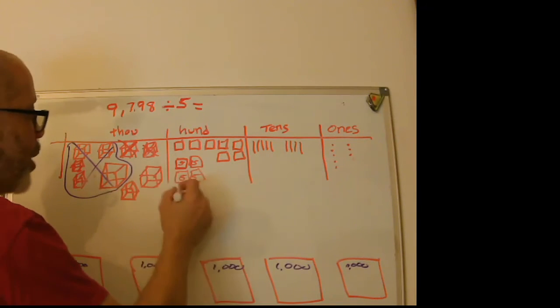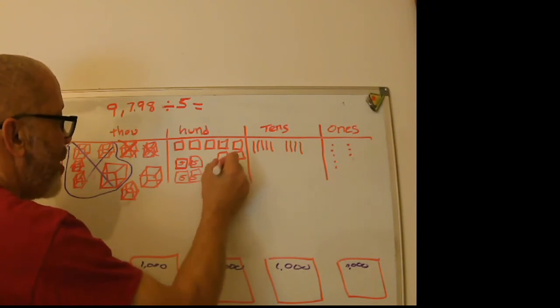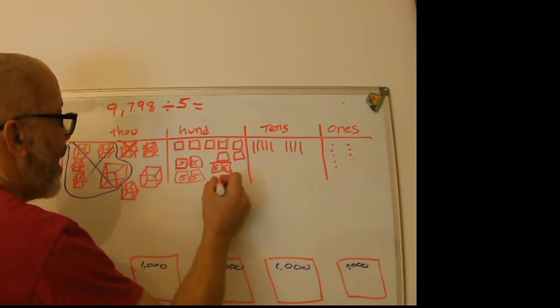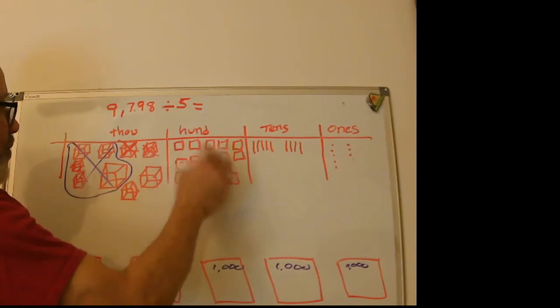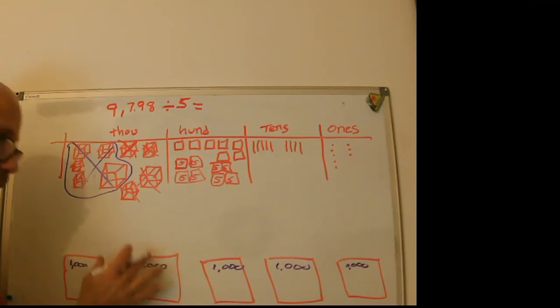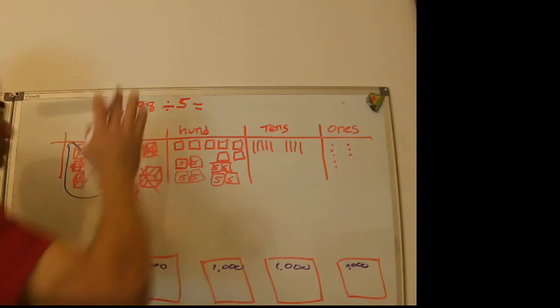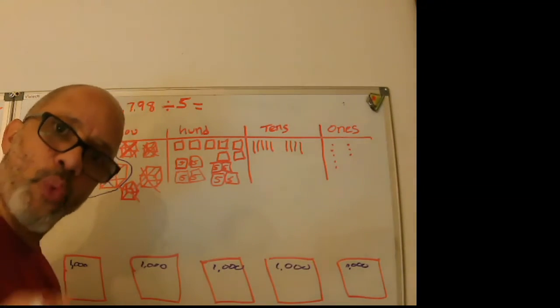And then we have 20 more. So I'm going to go 5, 5, and 5, 5. So 10, 20, 30, 40, 10, 20, 30, 40. They're all gone, right? We are done with the thousands. We're doing the hundreds now. We have to make sure we've got it right.